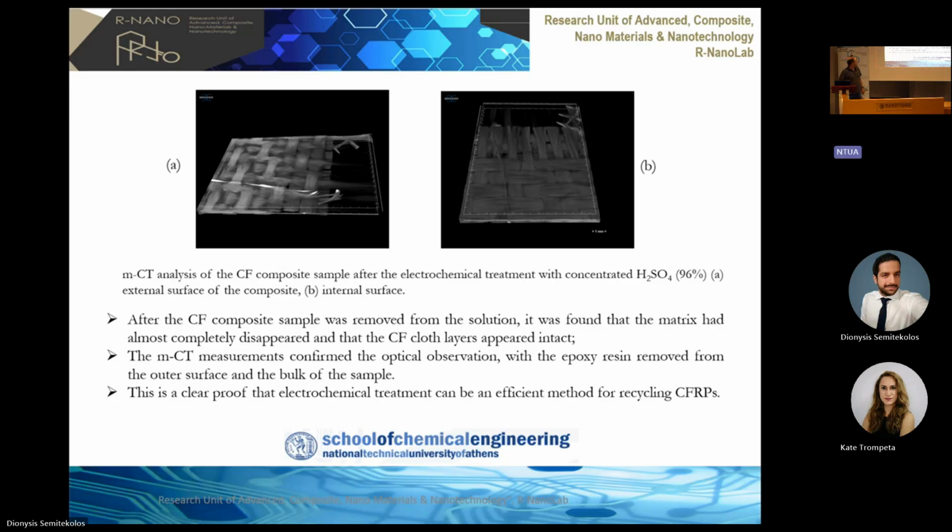As well, the micro CT analysis photographs showed that the epoxy resin was removed both from the outer surface and, which was a surprise for us, from the bulk of the sample. This is clear proof that the electrochemical treatment can be an efficient method for recycling the carbon fiber components.